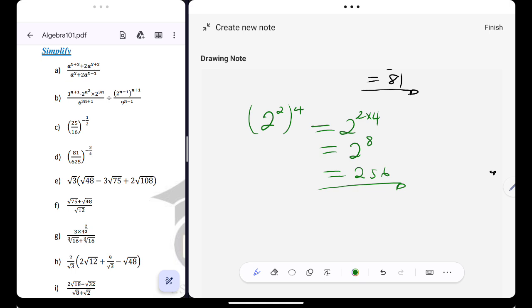So whenever you have an exponent in the power, just know that those two things multiply one another.